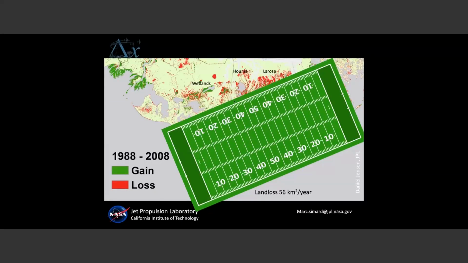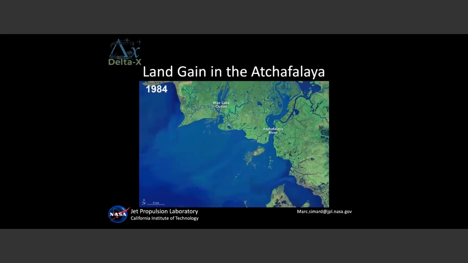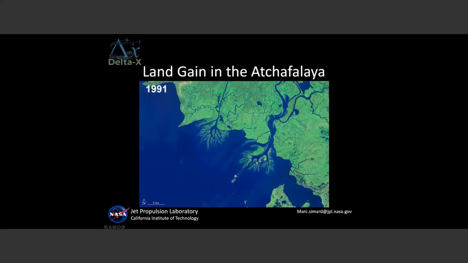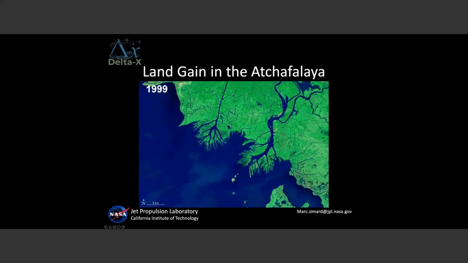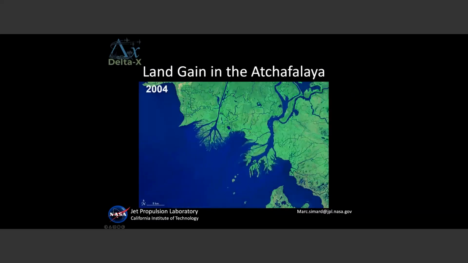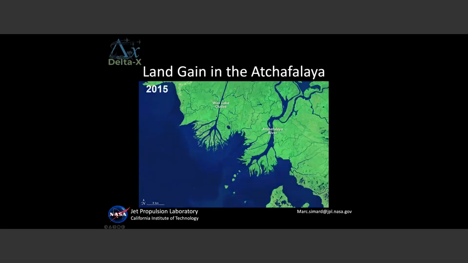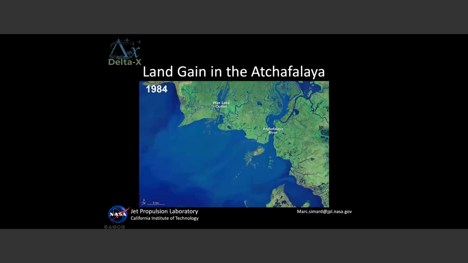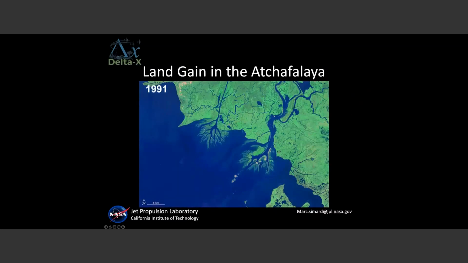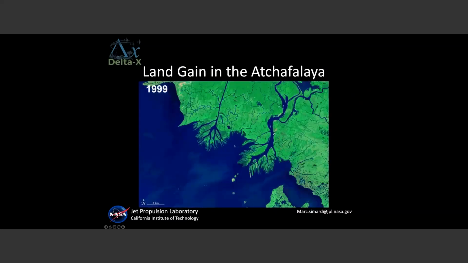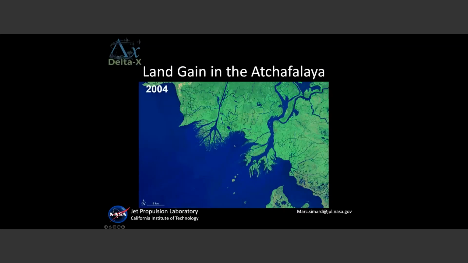So that's a lot, just for scale. This is a close-up of a Landsat time series, showing the deltas in the Atchafalaya, which are building land. From 1984, they weren't there, and then suddenly they just show up. So it gives us hope that it's possible to build deltas.